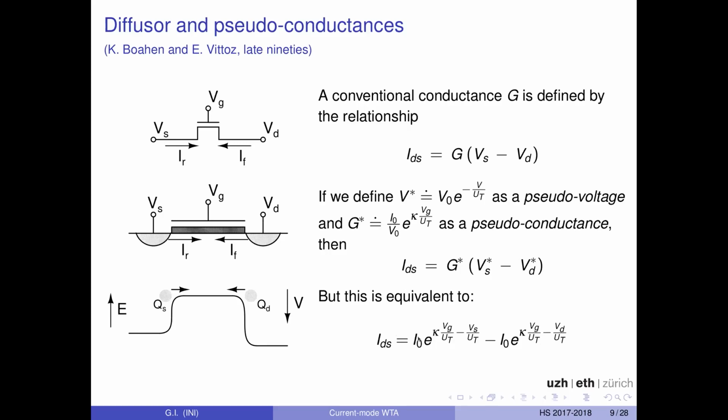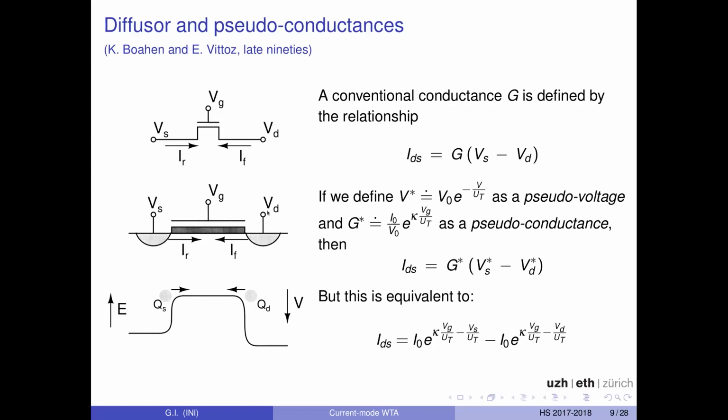So if you rewrite it in these terms, you can see that it's basically taking a forward component of the current minus a reverse component of the current, the forward and the reverse. So if we are in subthreshold and in the ohmic region, we are dealing with the diffusion of minority carriers. Sorry, in this case, it's majority carriers going in both directions.